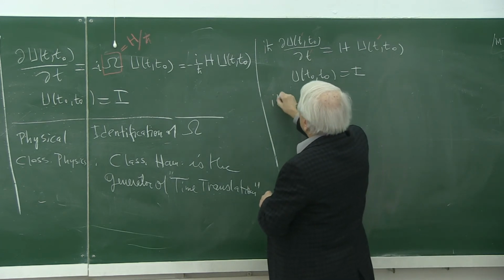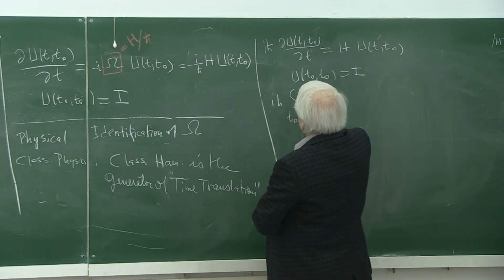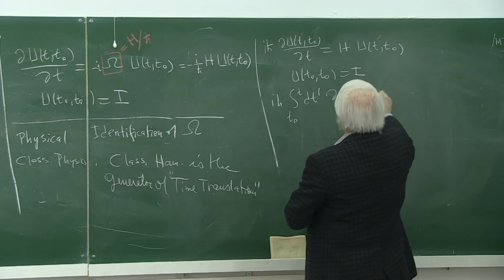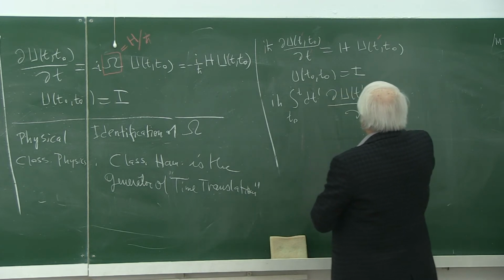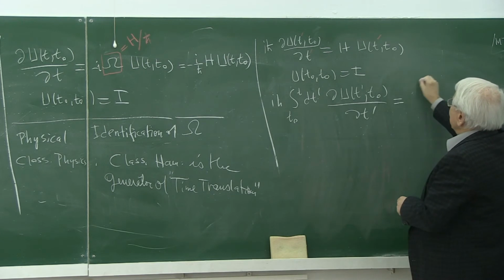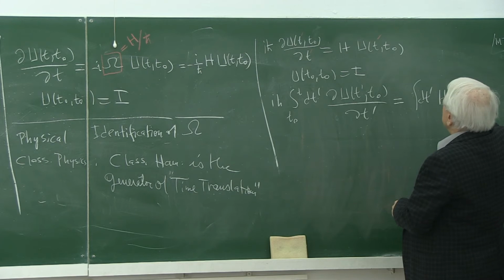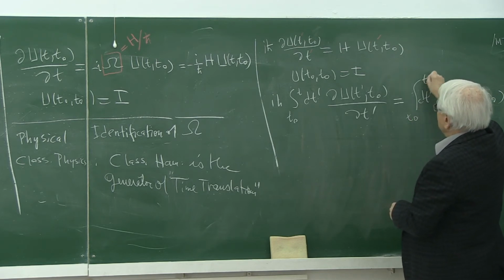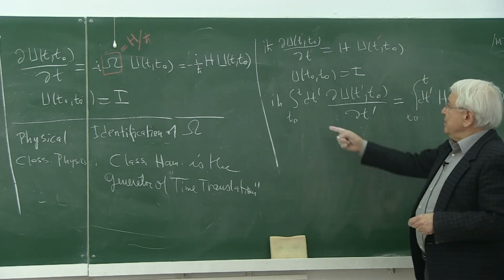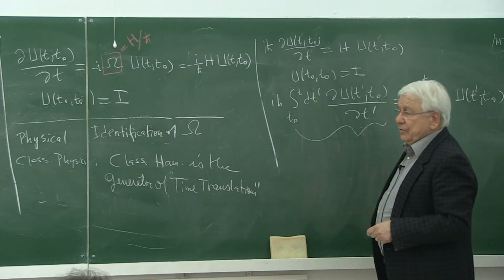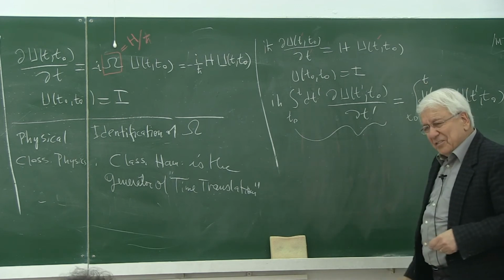So iħ integral from t0 to t dt prime dU(t prime, t0)/dt prime is the left-hand side. Right-hand side is integral dt prime H. In principle, it could be time dependent, so I'm not doing anything, keeping it in the integral from t0 to t. What is this? It is the integral of the derivative, the first entry being fixed.